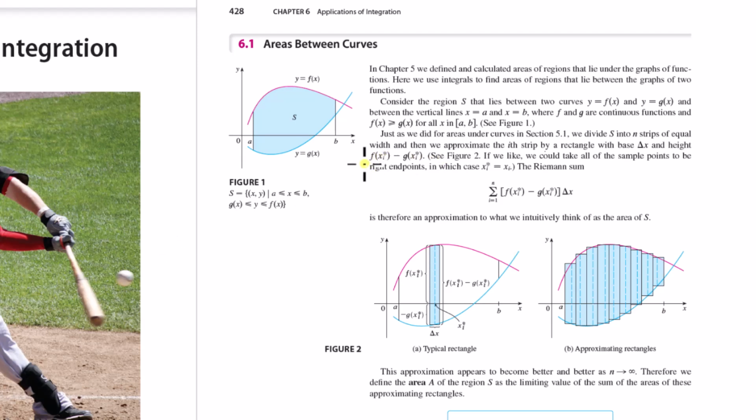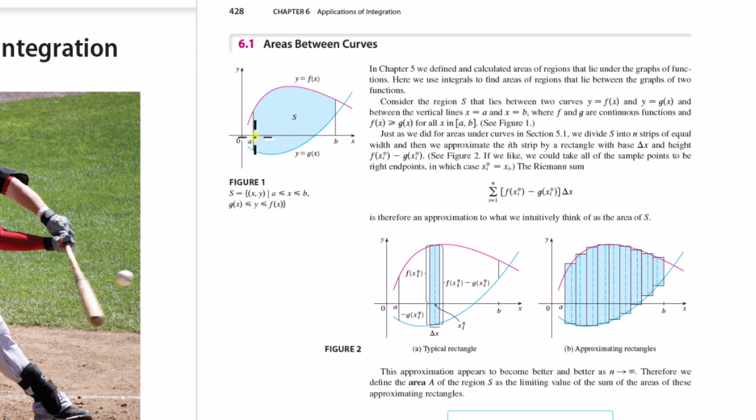So in this case, let's look at this specific problem. We're definitely breaking this up into strips, and each of those strips has an equal width with respect to the independent variable. Then we can see what the height is going to be. This x_i star means we can evaluate the function at any position within that strip: the left endpoint, the right endpoint, the middle, whatever.